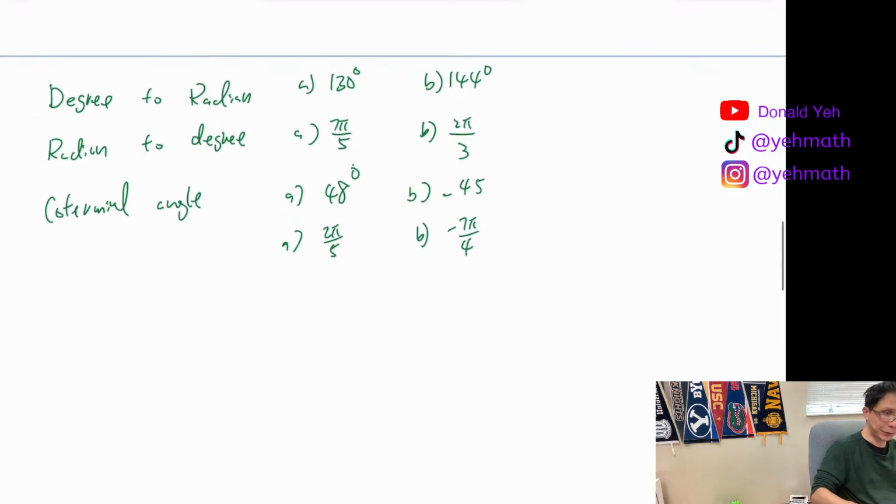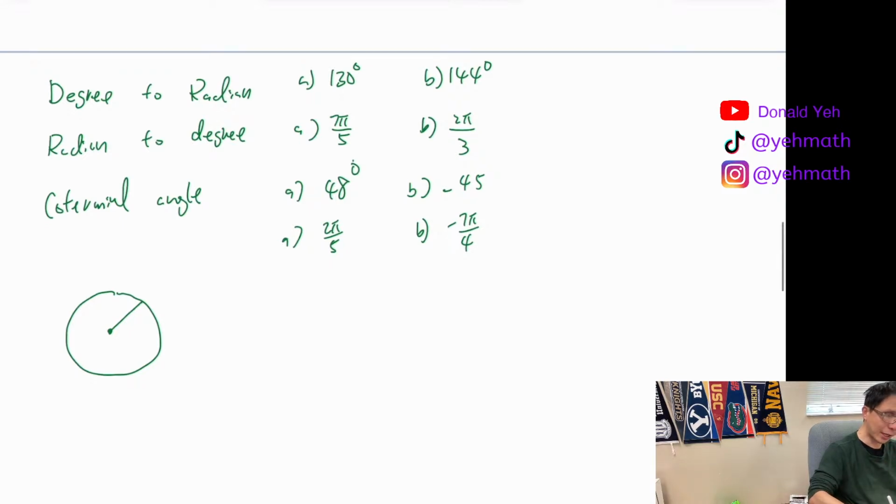Do you know how to convert angle? Do you know how to, if I give a rotation of a tire like this, right? Let's say I have a tire, I can give the diameter or the radius.